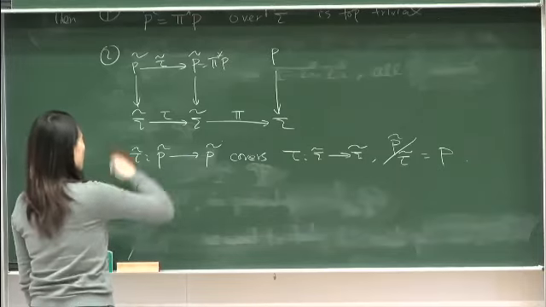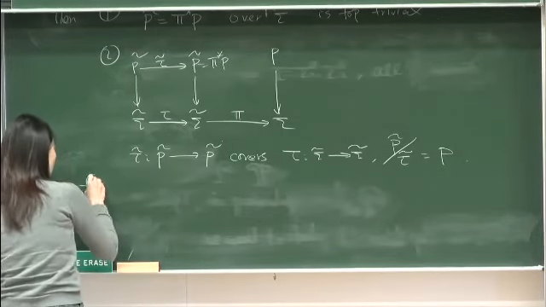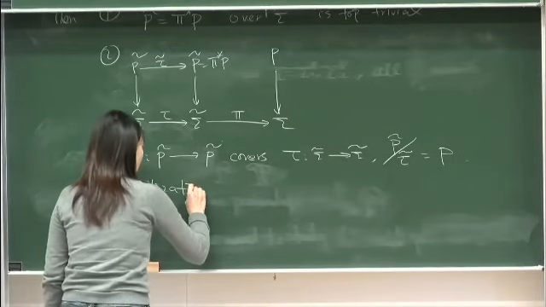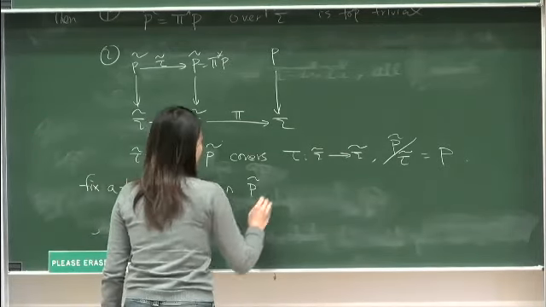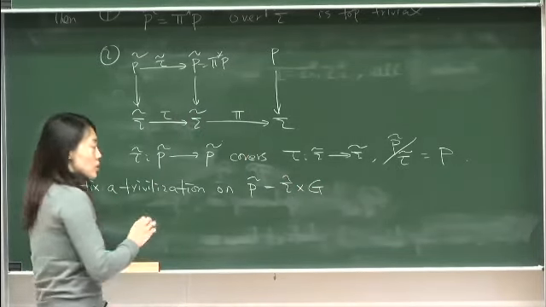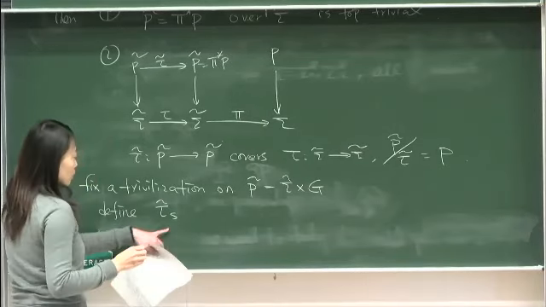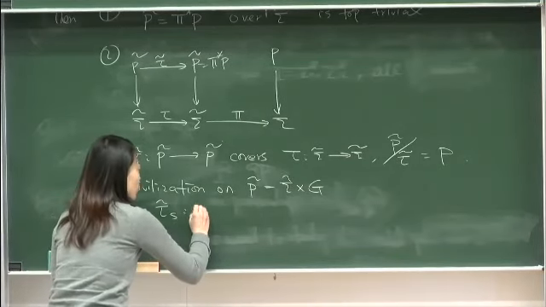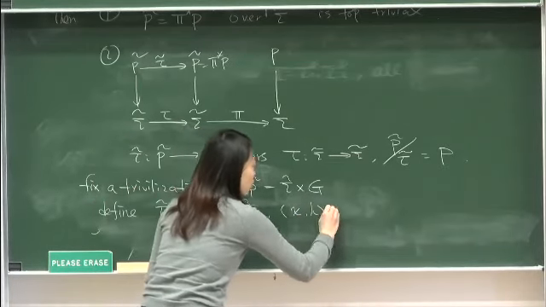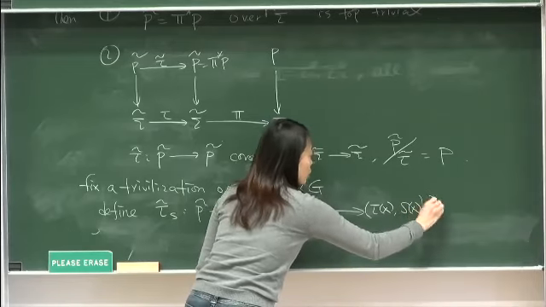Okay. So the way to look at this tau tilde is that we fix a trivialization on p tilde. So say this is sigma tilde times G. And so we can define tau tilde_s, with a subindex here, which goes from p tilde to p tilde by sending (x, h) to (tau x, s(x) h).